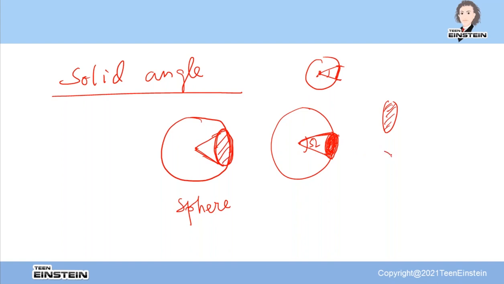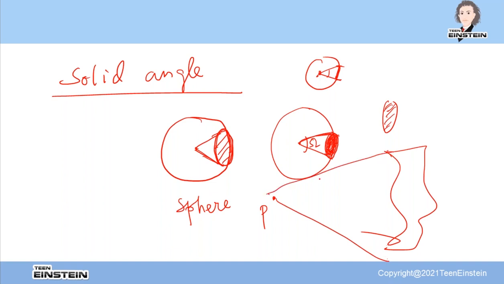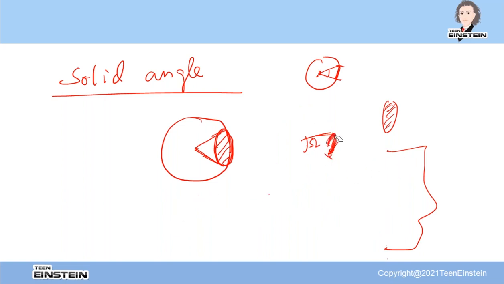Here I have taken a nicely defined sphere, but I can have any arbitrary surface. Suppose there is a point P here. If any arbitrary surface, the two ends of the surface, subtend a certain angle, that angle is called solid angle. I'll draw once again.